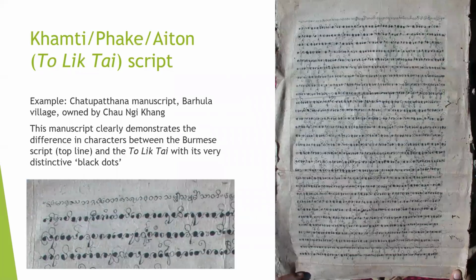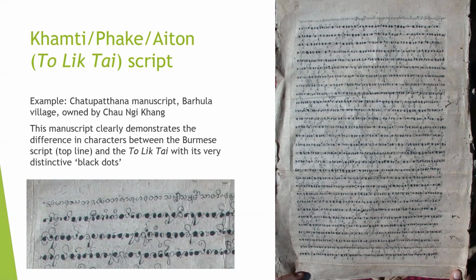Okay, so the Khamti, Phake, Aiton, and also Khamyang people, and the Tai as well, use this To Lik Tai script. And here's an example of it, a manuscript owned by Jao Nikhang at Borhola village, Tai Aiton village. The manuscript is called Chatupatan. That is a translation of, or a reinterpretation perhaps, of a Pali script.